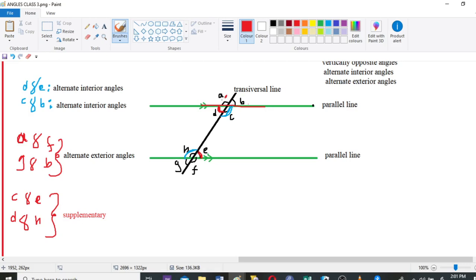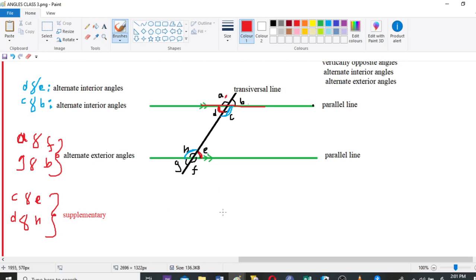So if you've been given A, you subtract it from 180, you'll be able to get B. Likewise, if you have E and you need H, subtract from 180, you get H. You can also do that if you have F and you need G, you subtract from 180 and you have G there.